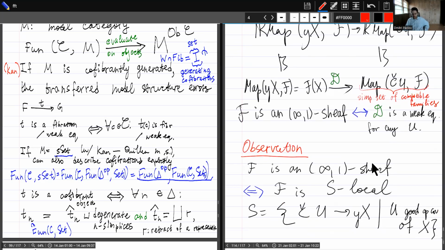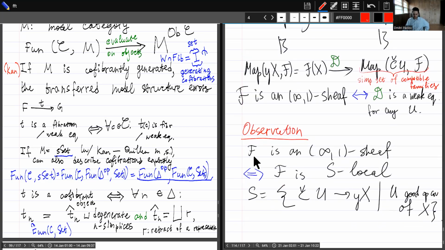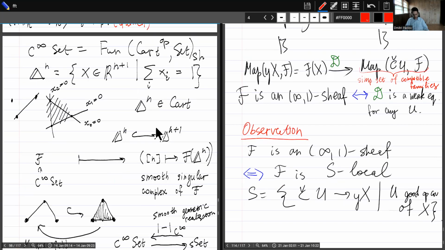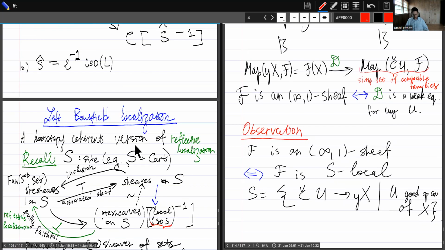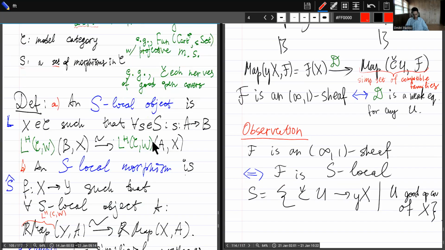And an observation we can immediately make here is that this condition of being an infinity-1 sheaf is, of course, a locality condition in the sense of left Bousfield localizations. So let's again look at this definition here. An S-local object was defined as an object X such that mapping any morphism in S into it produces a weak equivalence.